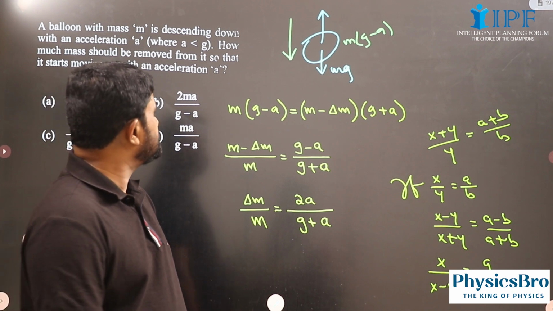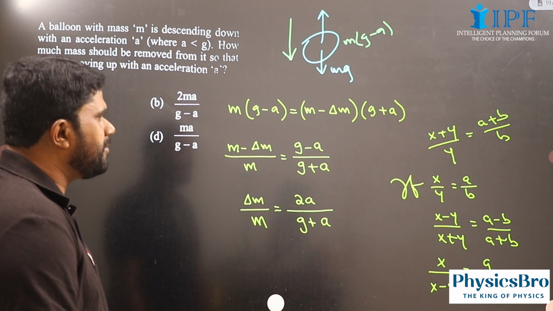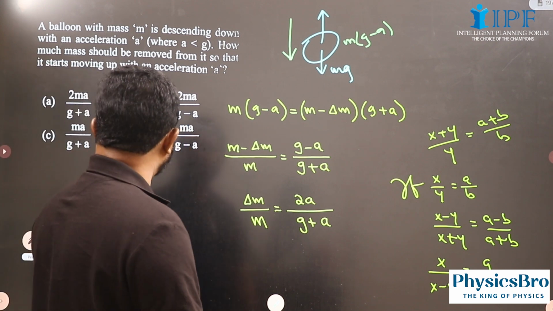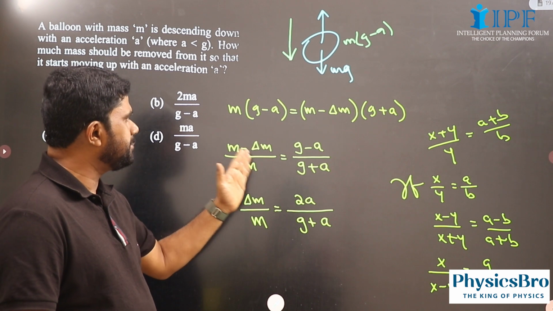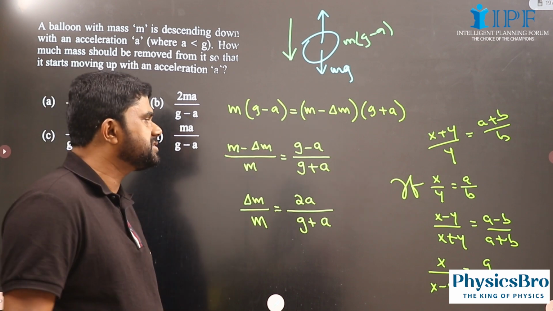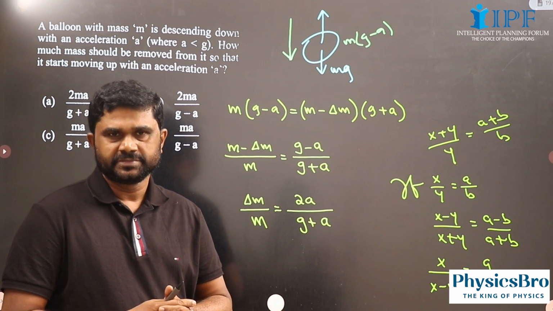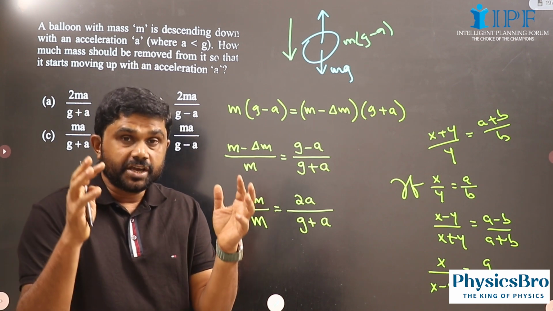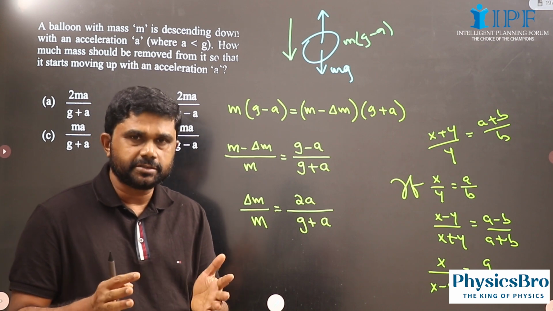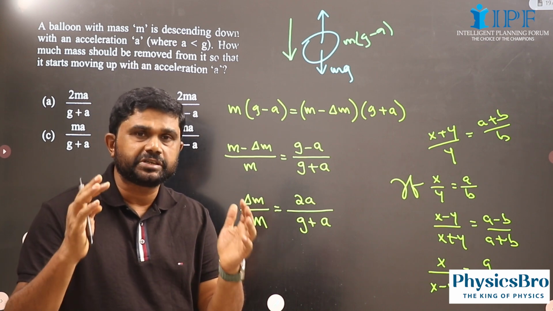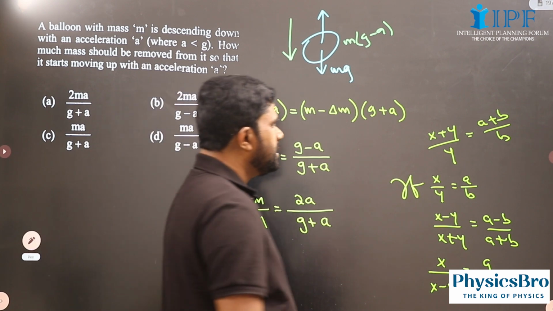Now the question is how much mass should be removed. We have to find the mass delta m. Here we have m minus delta m divided by m equal to g minus a divided by g plus a. For this we can use a beautiful method, the componendo and dividendo rule.